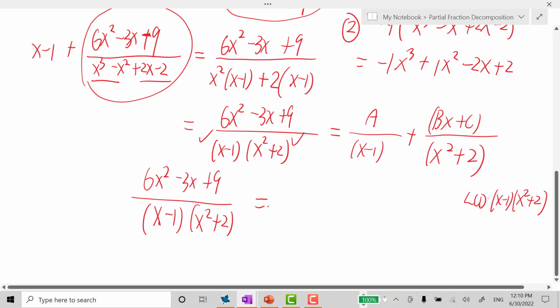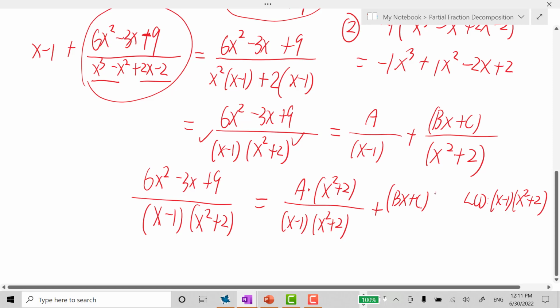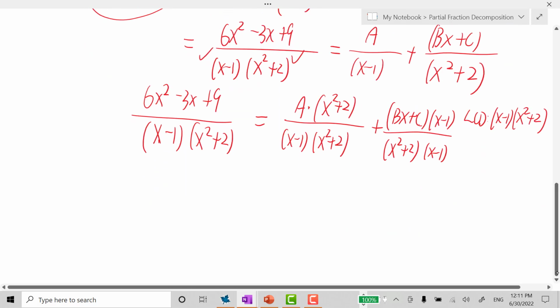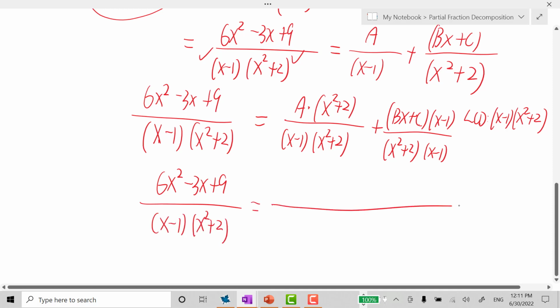Now for the first fraction on the right, you multiply both top and bottom by x squared plus 2. For the second one, you multiply both top and bottom by the linear factor x minus 1. And then from there, we're just going to simplify further. Now both sides have the same denominator, and that's a key thing.